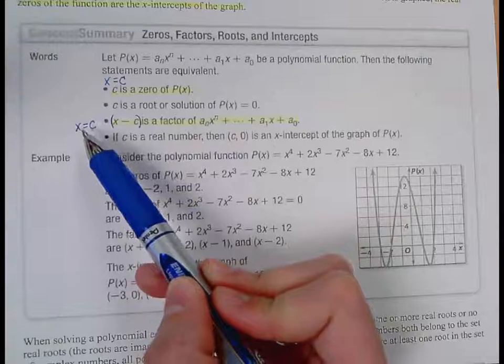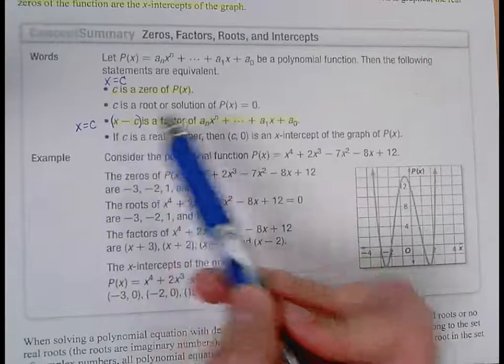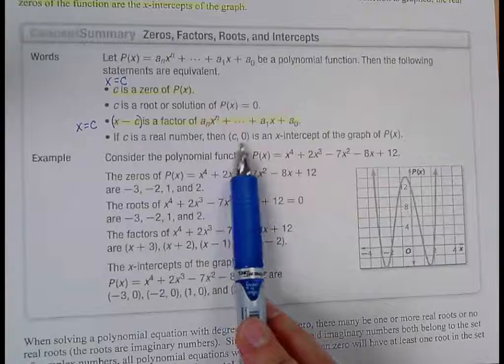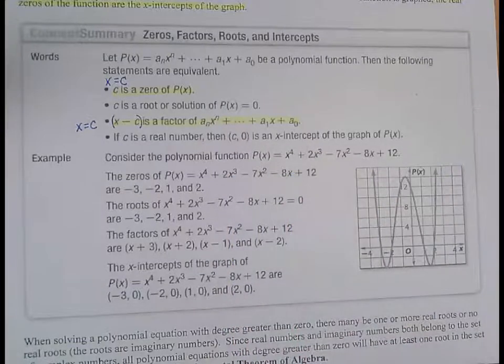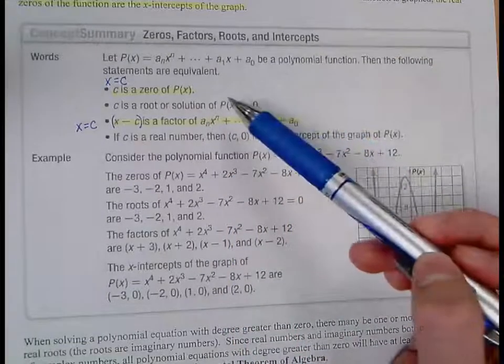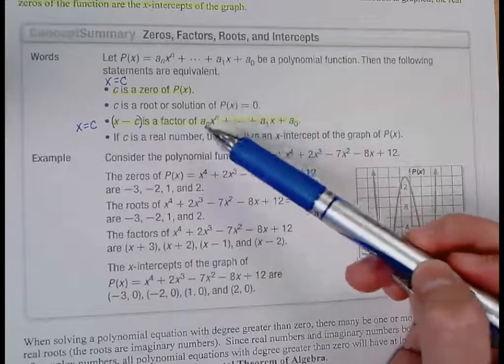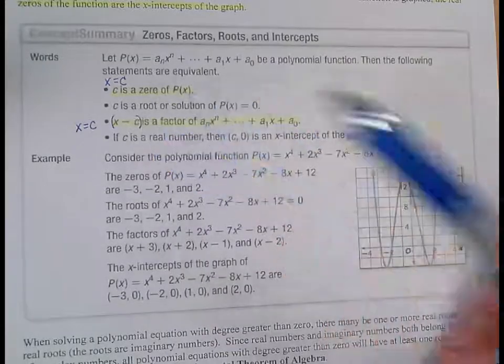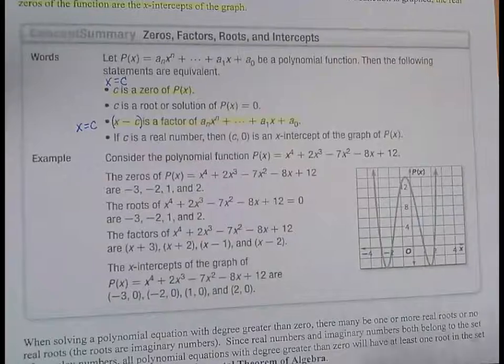It's relating the solution with the factored form. And if c is a real number, the ordered pair (c, 0) would be an x-intercept of the graph as well. So I'm drawing your attention to that relationship: if you know something is a 0, then we know what the factor is, or vice versa. If we know the factor, we know a 0.